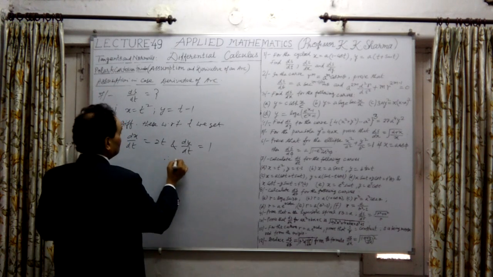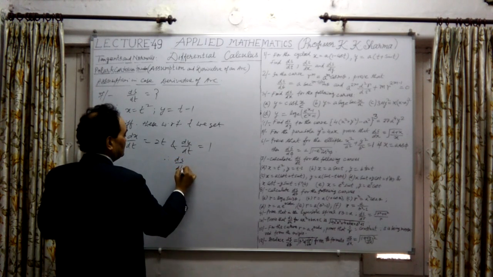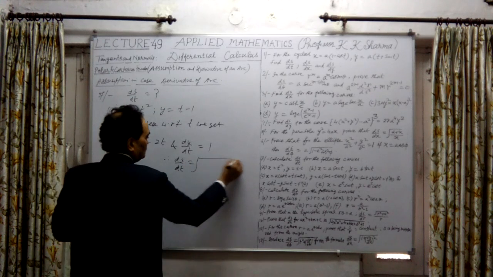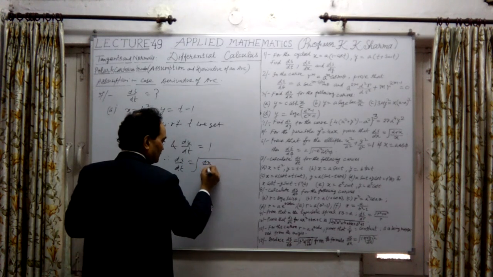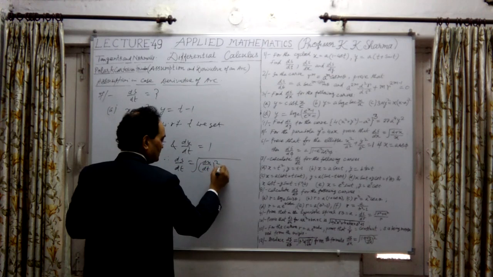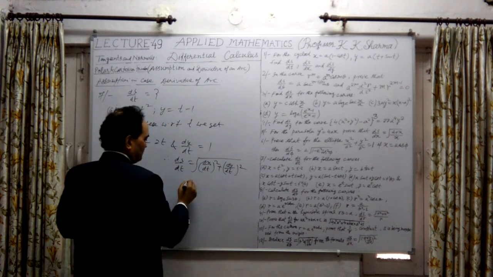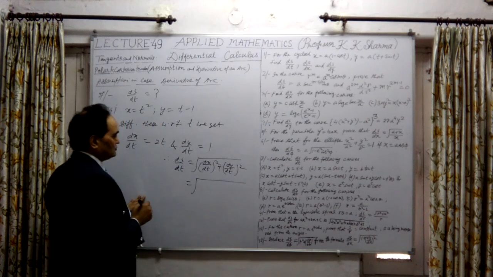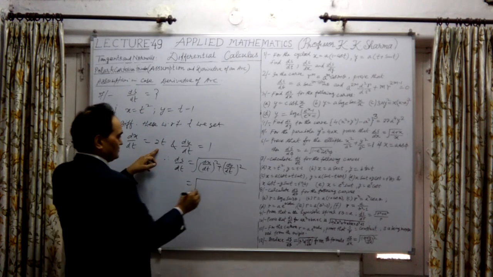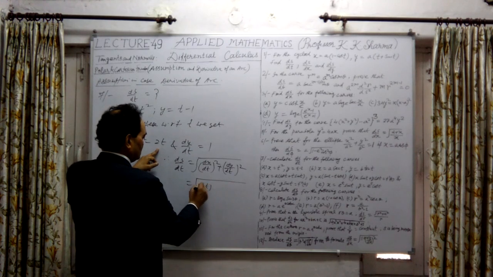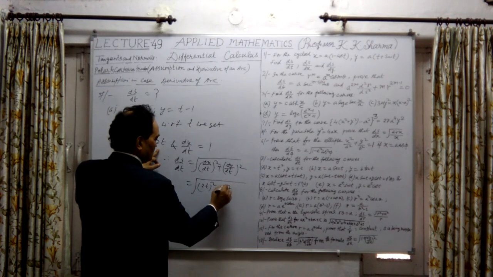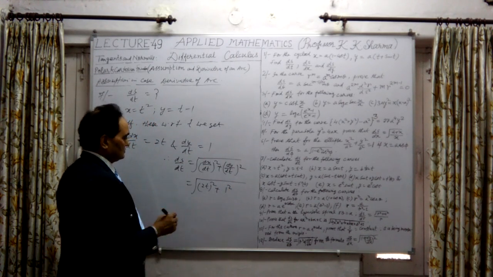Therefore, ds dt will be equal to under root dx upon dt whole square plus dy upon dt whole square. Let me substitute the values here: twice t whole square plus 1 square, because dy dt is 1.